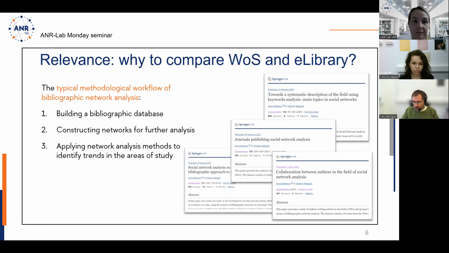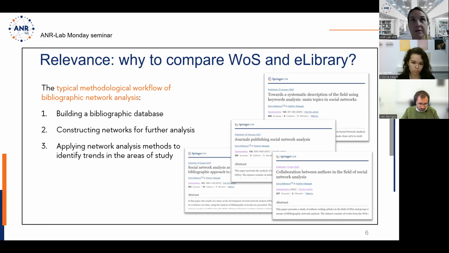I would start from the statement that previously we analyzed other scientific fields, such as social network analysis or the scientometric field itself, and these were projects implemented with Vladimir Batagelj and colleagues from Slovenia, and as the data source we used Web of Science.